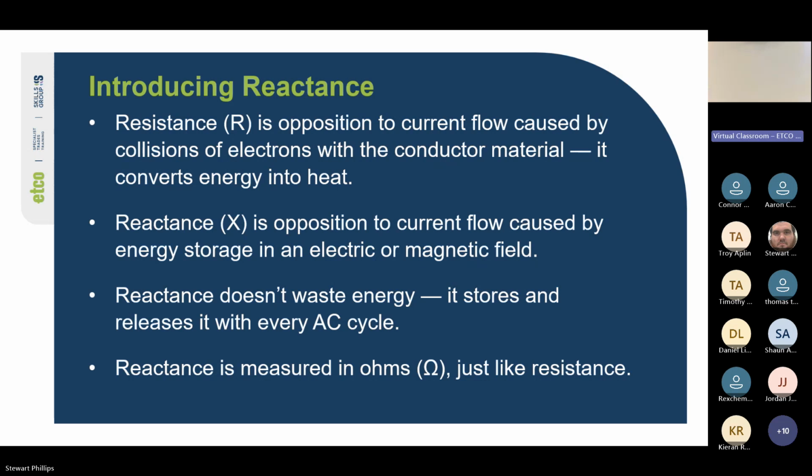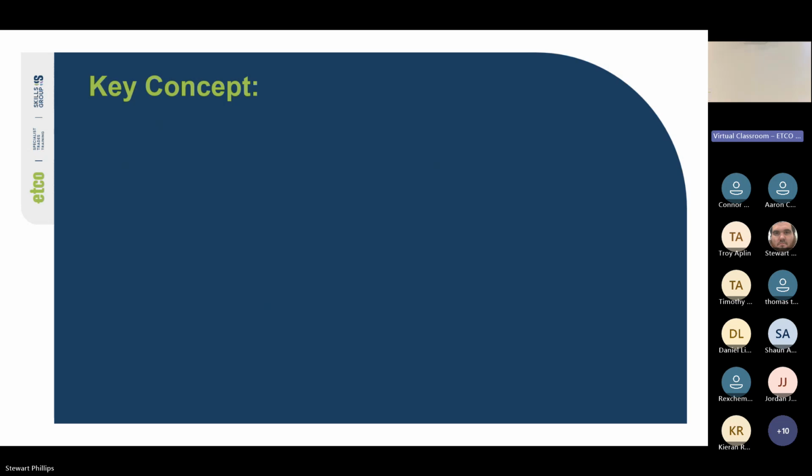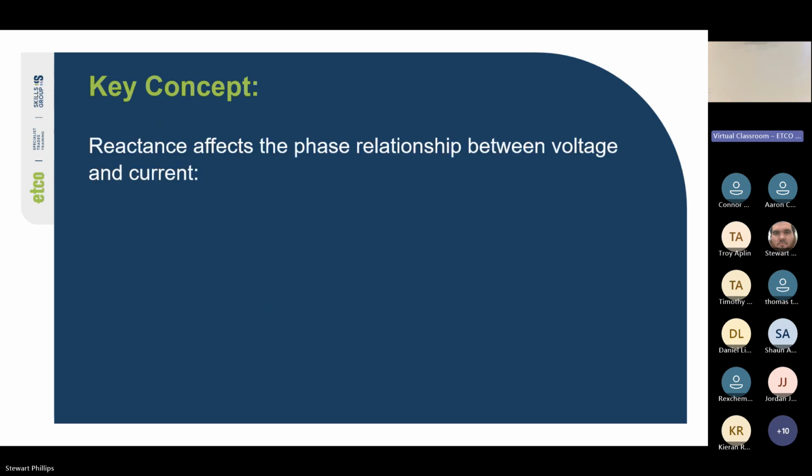Cool. Moving back into the lesson. So some key concepts to note down. Reactance affects the phase relationship between voltage and current. So in inductive circuits, current lags behind the voltage.